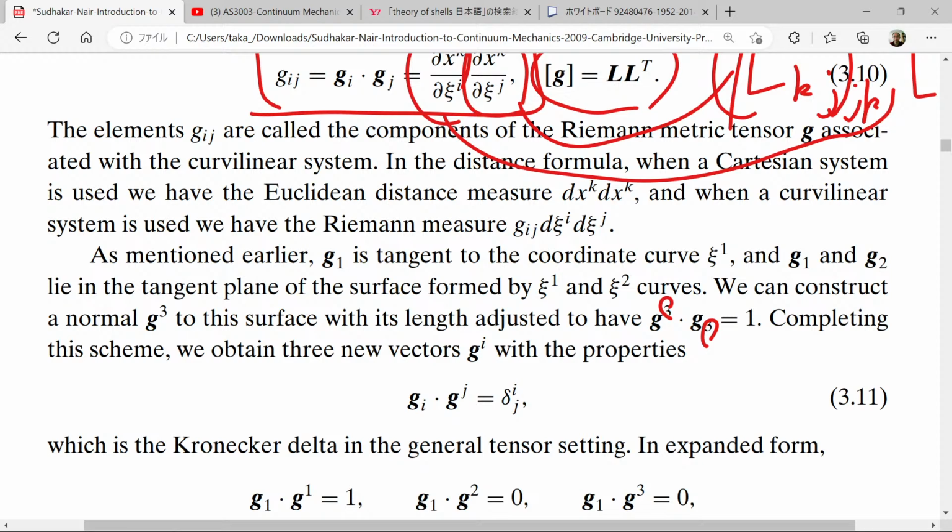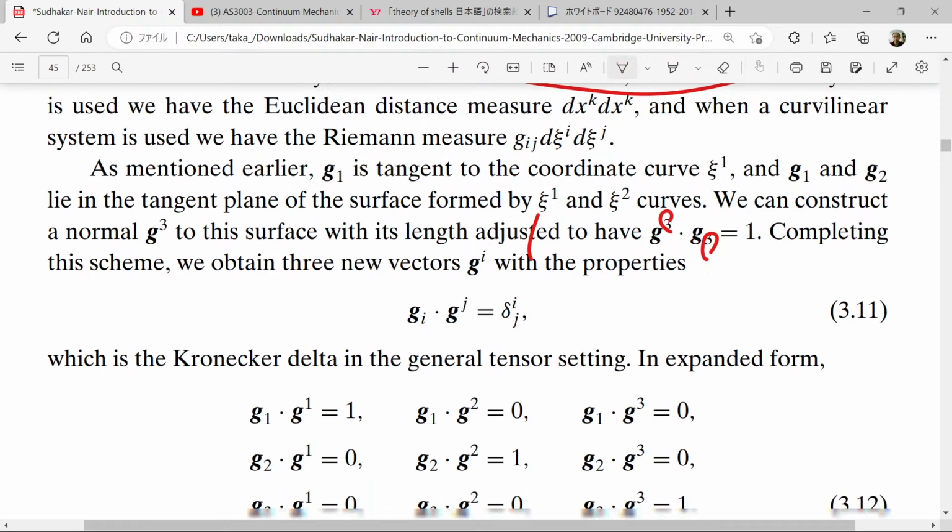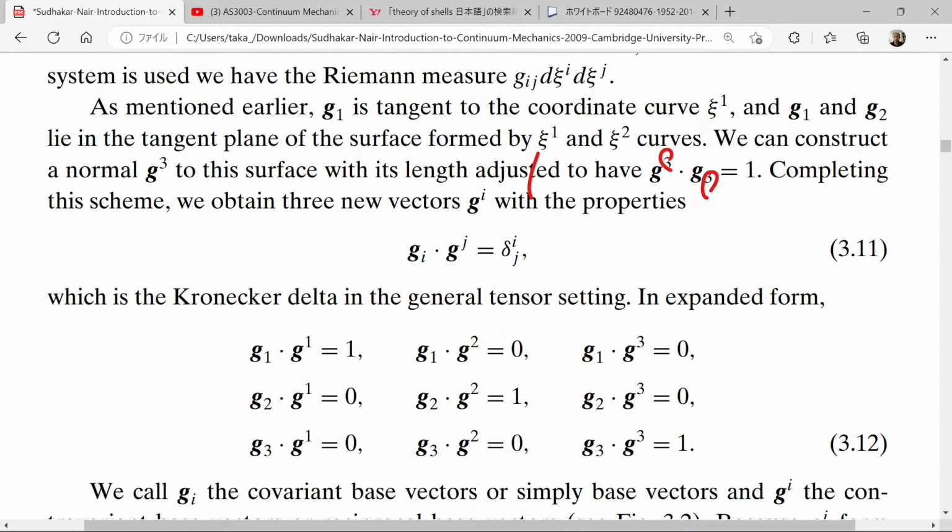Completing this scheme, we obtain new vectors Gi up with the properties that Gi down dotted with Gj up is delta ij, which is a Kronecker delta in the general tensor setting.